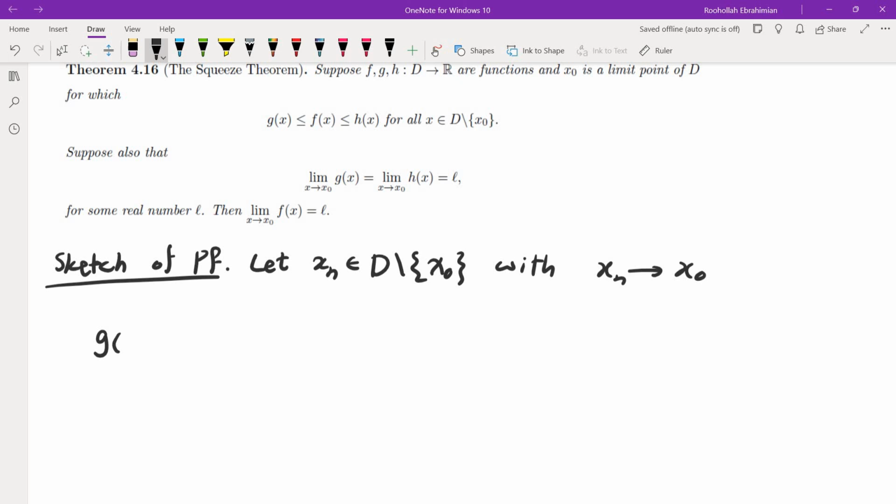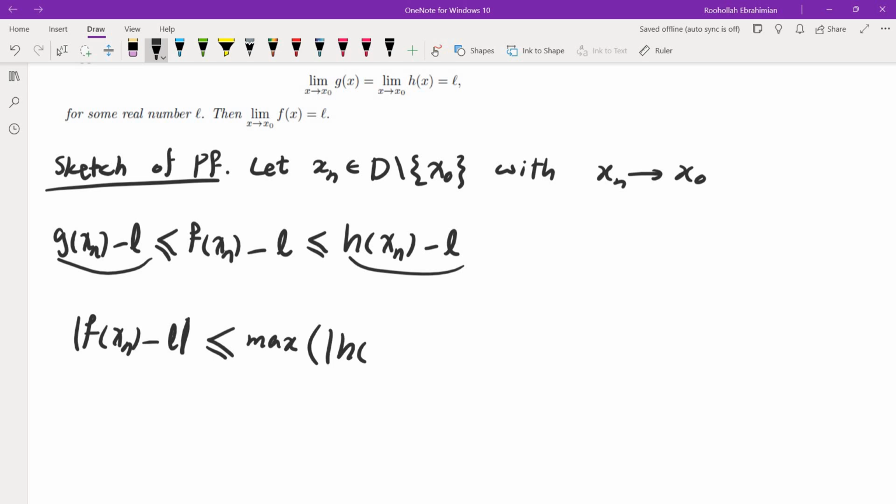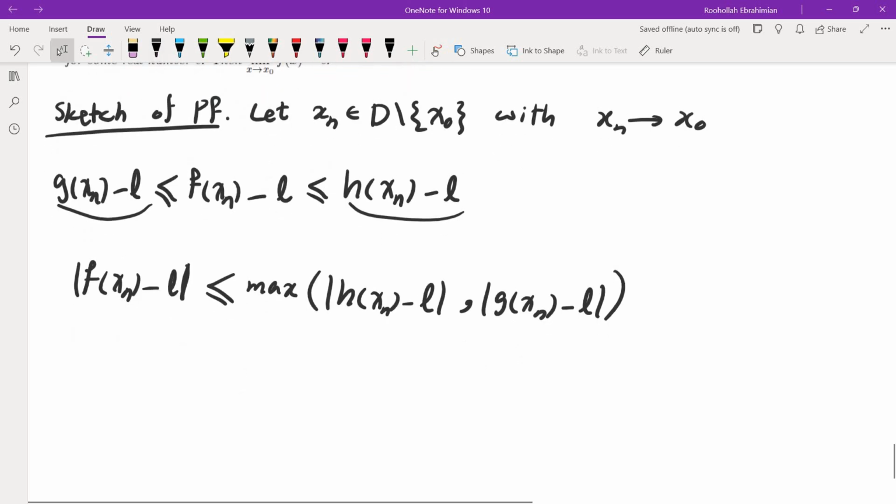So f of xn minus L is between h of xn minus L and g of xn minus L. Now, the absolute value of f of xn minus L is going to be less than, since it's between these two numbers, the maximum of the two absolute values, h of xn minus L and g of xn minus L, by properties of inequality. And you could say this is less than the sum.